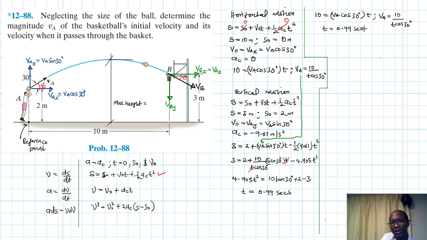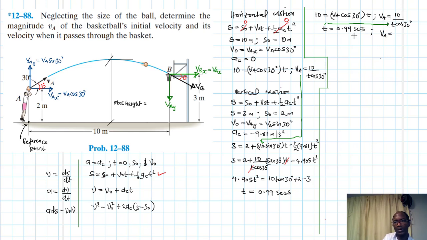Our T is equal to 0.99 seconds. Therefore VA will be equal to 10 divided by 0.99 cos 30, plugging in T here.